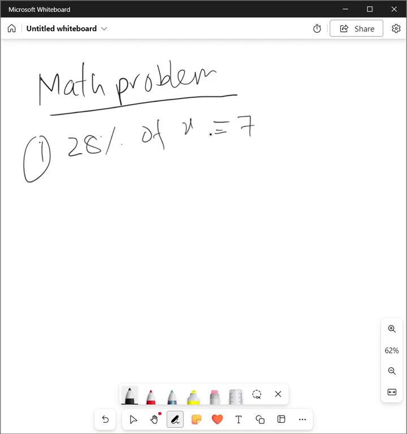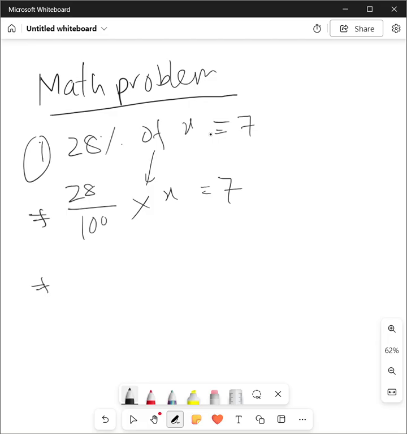That's why we need to do that simplification, like 28 divided by 100, because percent really means divided by 100. Of can be converted as a multiplication sign, and x is x, equal to 7. So we need to erase the 100.